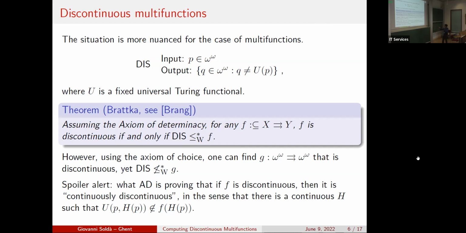And I should also say, in order to show that this guy here is discontinuous, Brattka essentially uses a generalization of the recursion theorem to show that you can make something similar happen when this f is just this very, very general guy, in a certain sense.